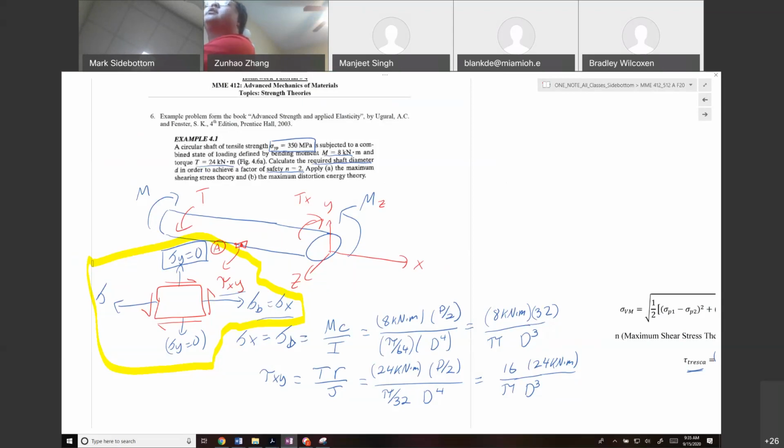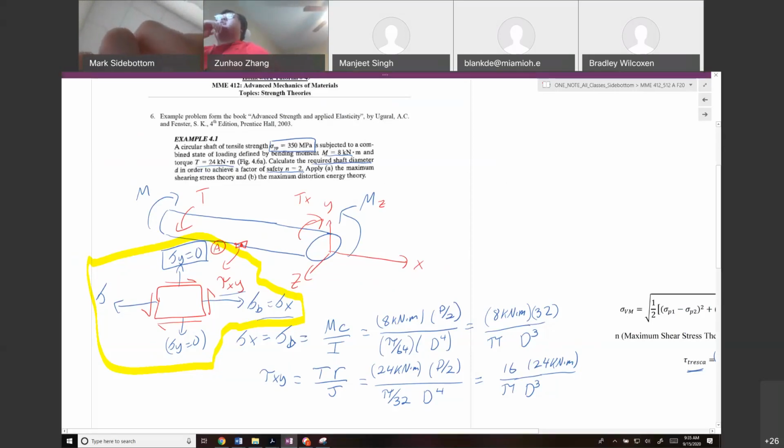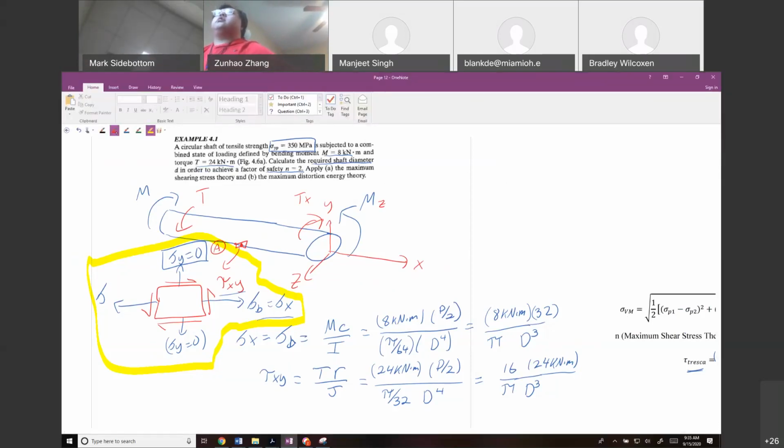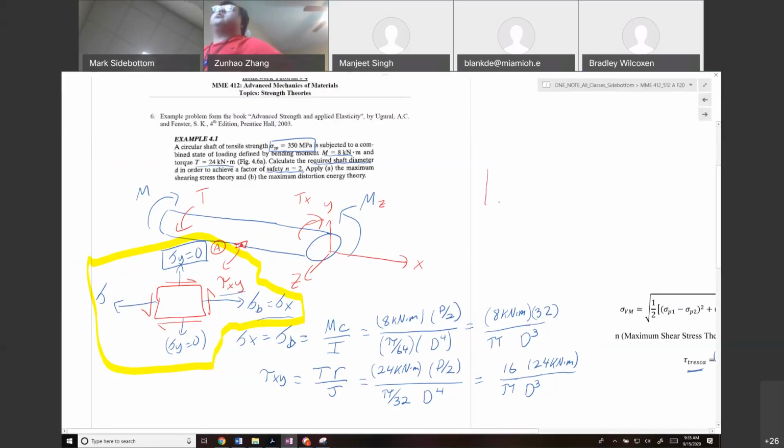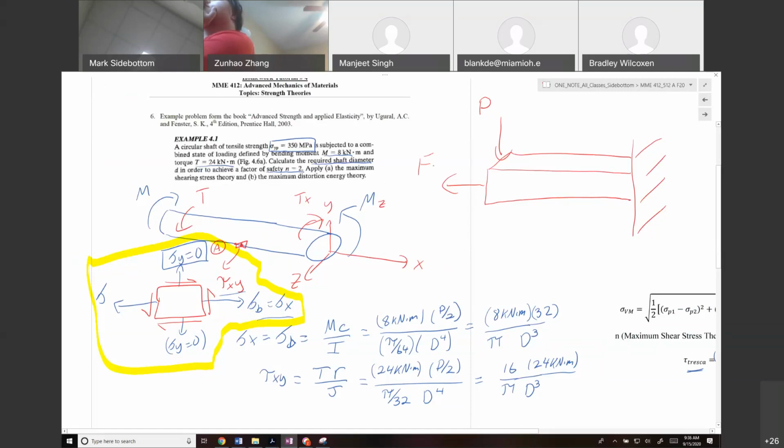Yeah. So my question is, now you find a point A. So for a square bar, what is the location of the A? Okay, so let's say you had a problem like, all right, so let's say you had a square bar like that, okay?